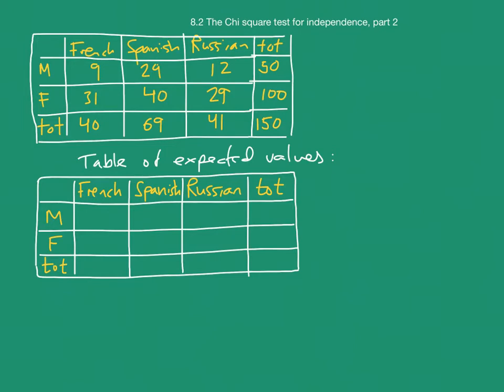You might remember that the expected value E can be written as the number that you have in the sample multiplied with the probability.